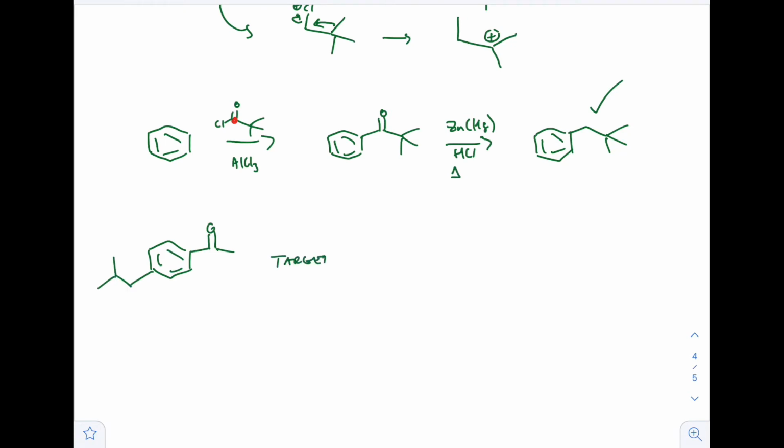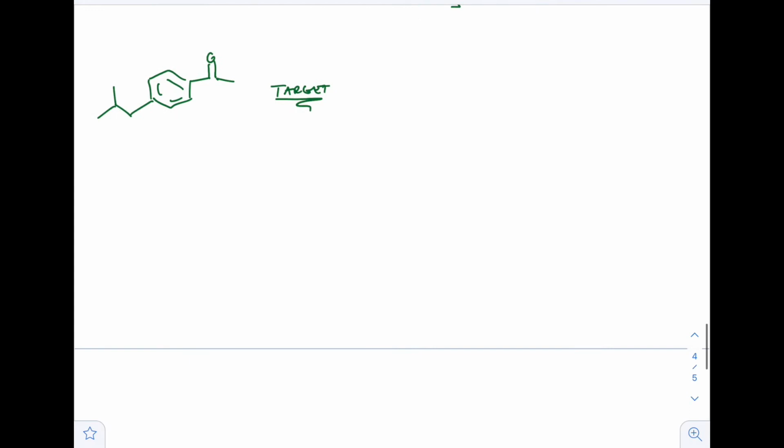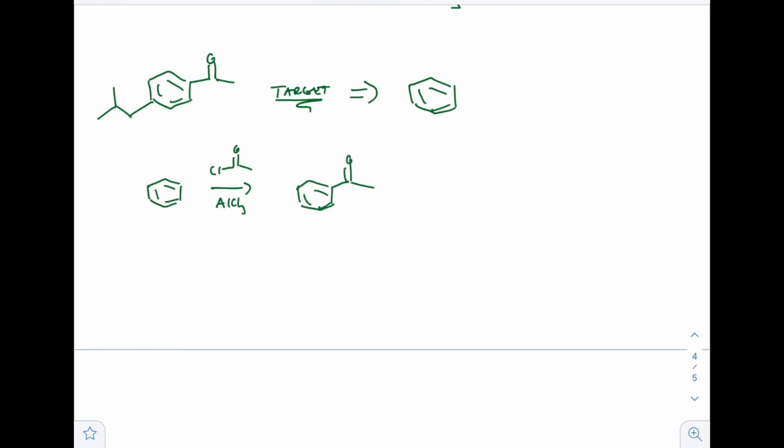Let's say we wanted to make this particular compound. Well, let's take a look-see. So we want to start with benzene. That's that retrosynthetic arrow, right? So benzene, we have a couple options, right? We've got two substituents on there, so we can go for the carbonyl first, and then we do the acylation.